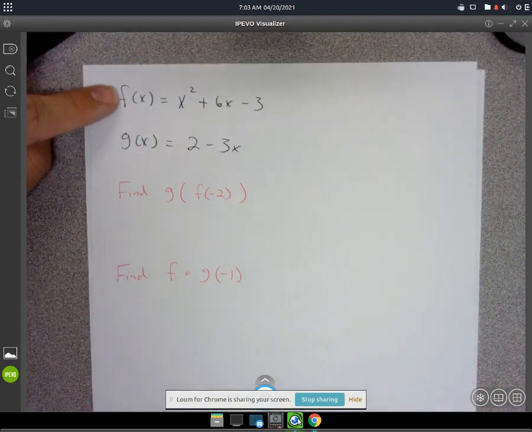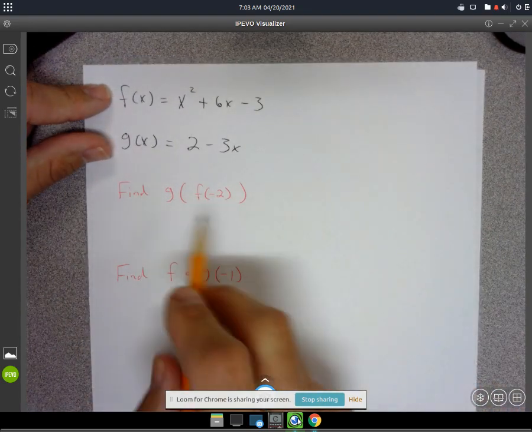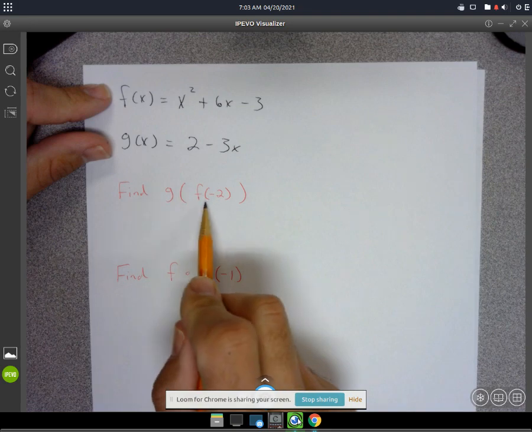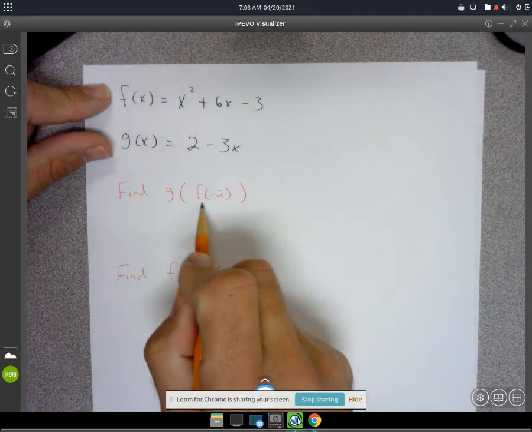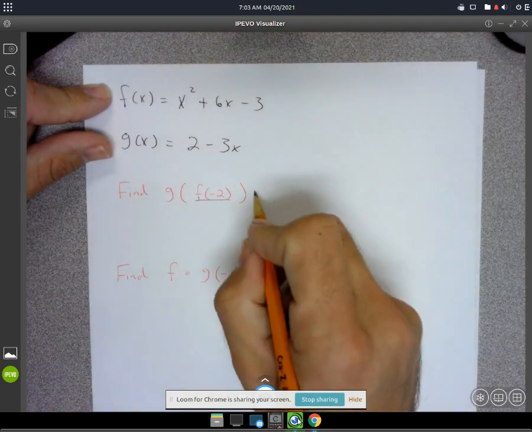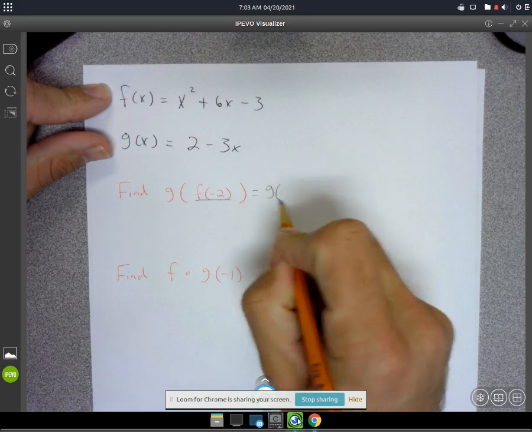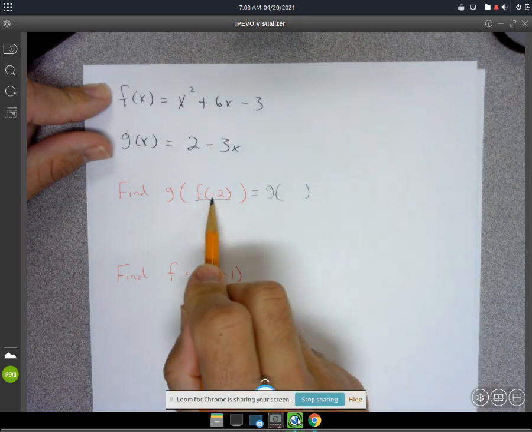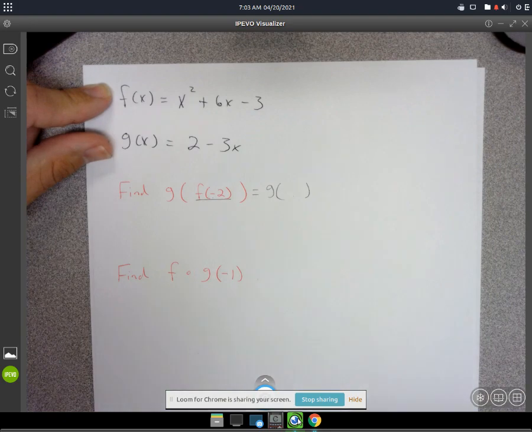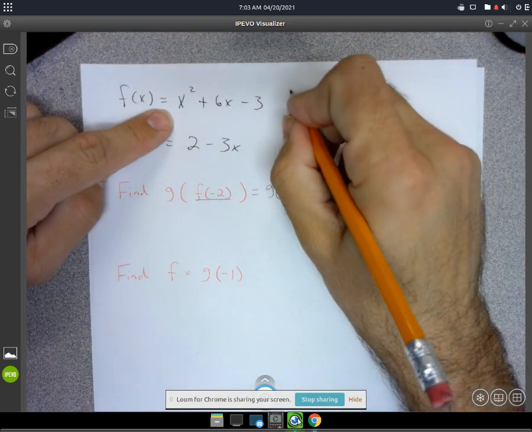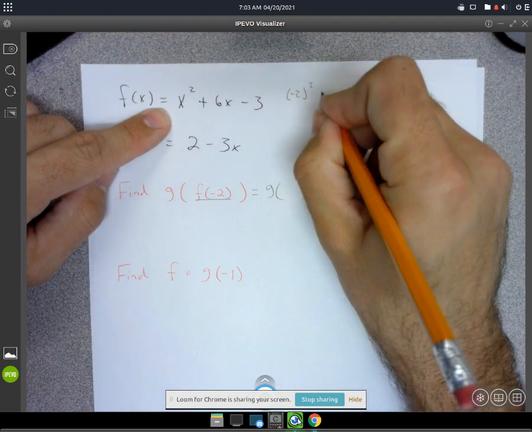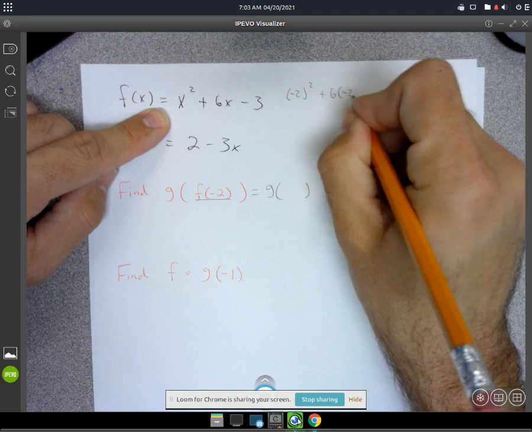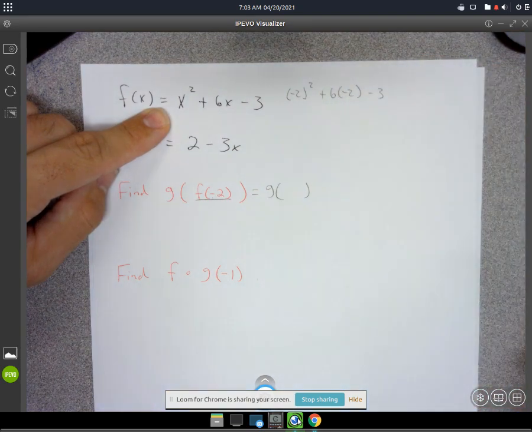So f of x is a quadratic this time. We're asked to find g of f of negative 2. So I've got to figure out f of negative 2 first, and then whatever that equals, I'm going to put here. For f of negative 2, we're going to do negative 2 squared plus 6 times negative 2 minus 3.